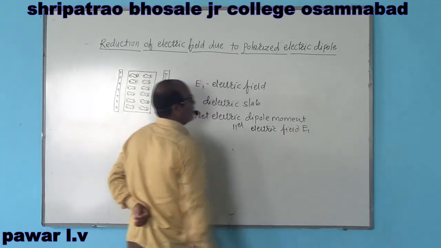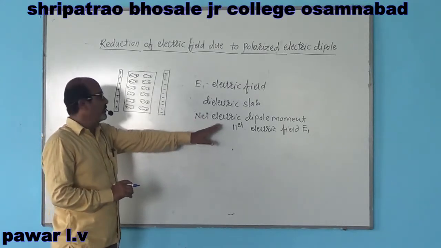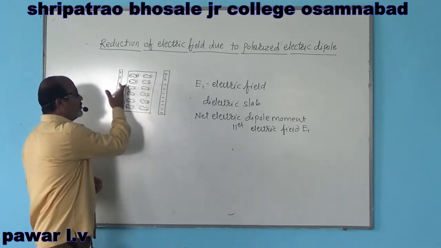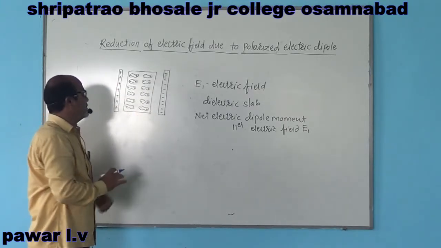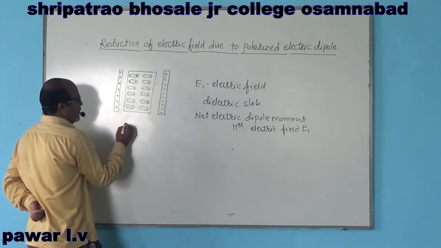This E1. Due to this net electric dipole moment, charges get induced on the two faces of this dielectric insulator. So it will be like this.